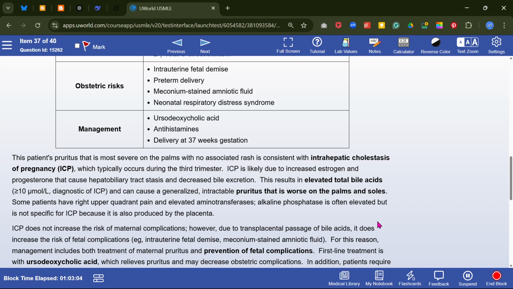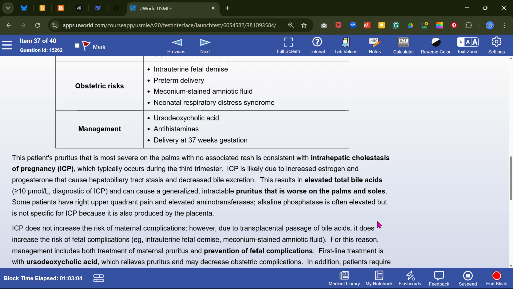Some patients have right upper quadrant pain and elevated aminotransferase. ALP is often elevated but is not specific for ICP because it is produced by the placenta. ICP does not increase the risk of maternal complication.